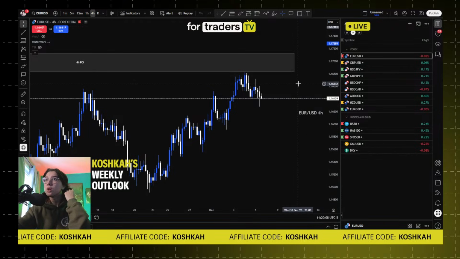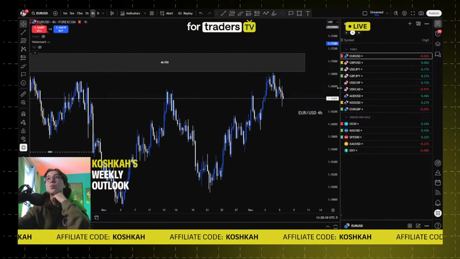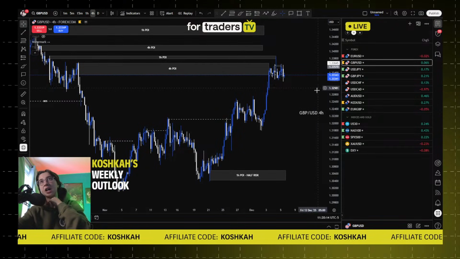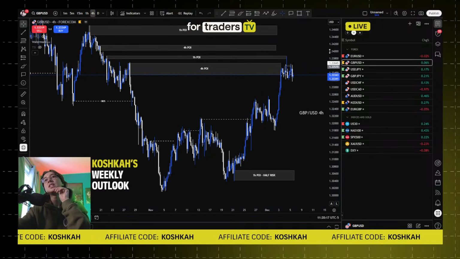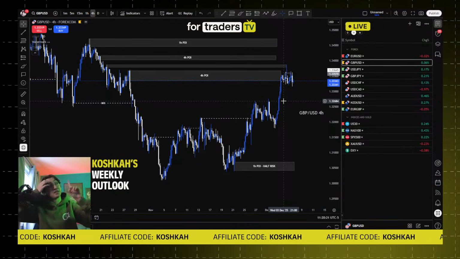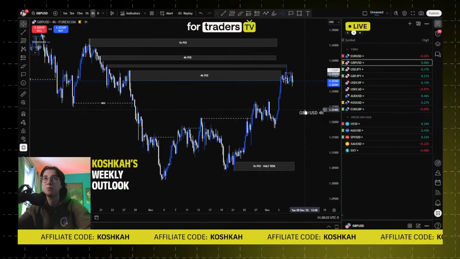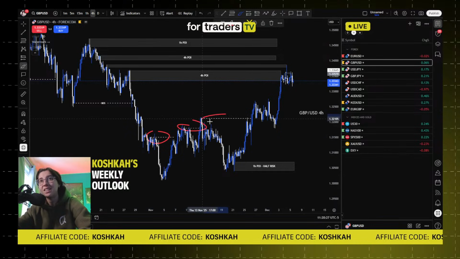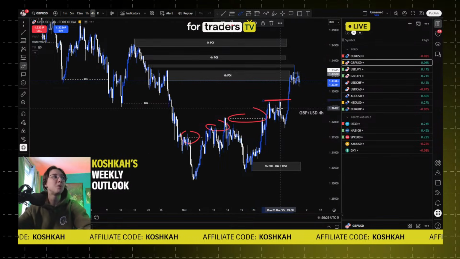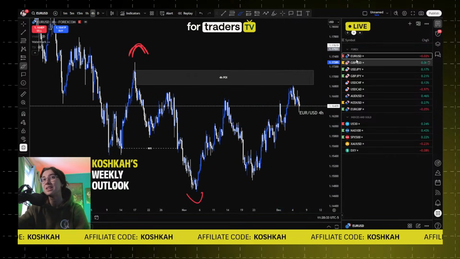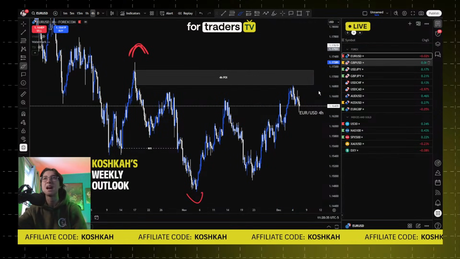Okay, so let's now continue with GBP USD. By the way, guys, GBP USD is really similar to EUR USD. However, there's one specific thing that is a bit different: in between right here, we do have some bullish momentum that on EUR USD was not really there, not that much.